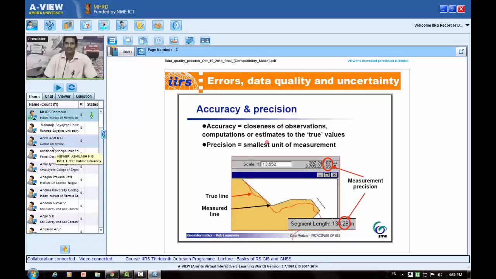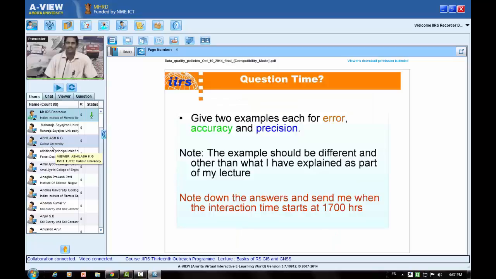Accuracy is the closeness of observations, computations or estimations to the true values. Precision is the smallest unit of measurement, as I gave the example of a weighing balance. So that is called precision.